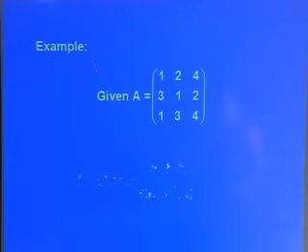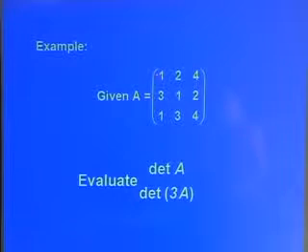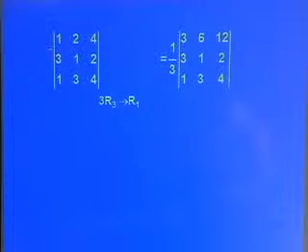Let us take a given matrix A. If you have to evaluate this 3 by 3 determinant, one way is to evaluate this multiplied by its minor, minus this multiplied by its corresponding minor, plus this multiplied by its corresponding minor, but that will require a lot of computational effort.